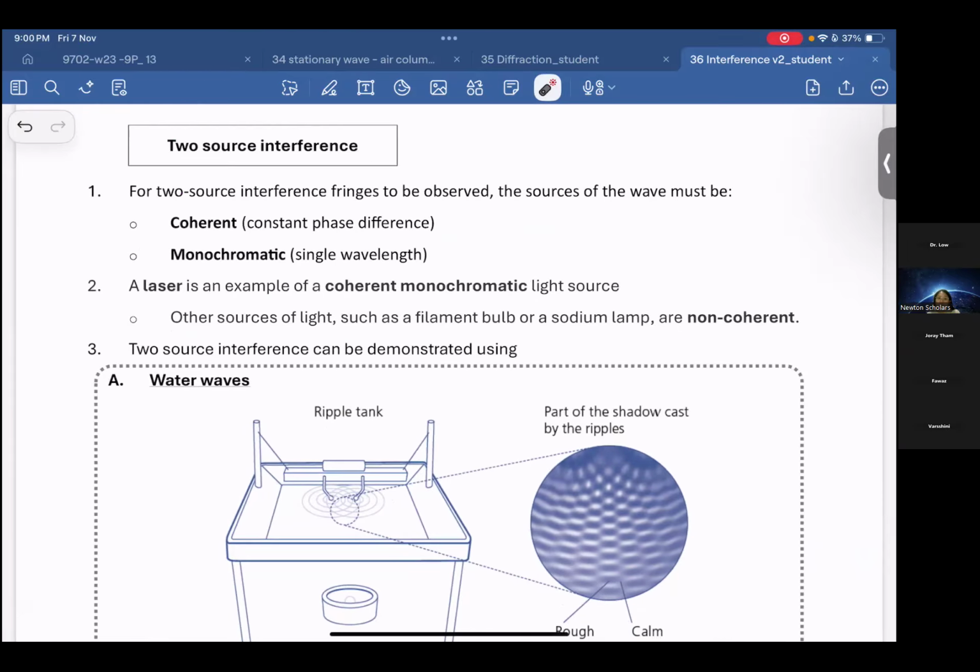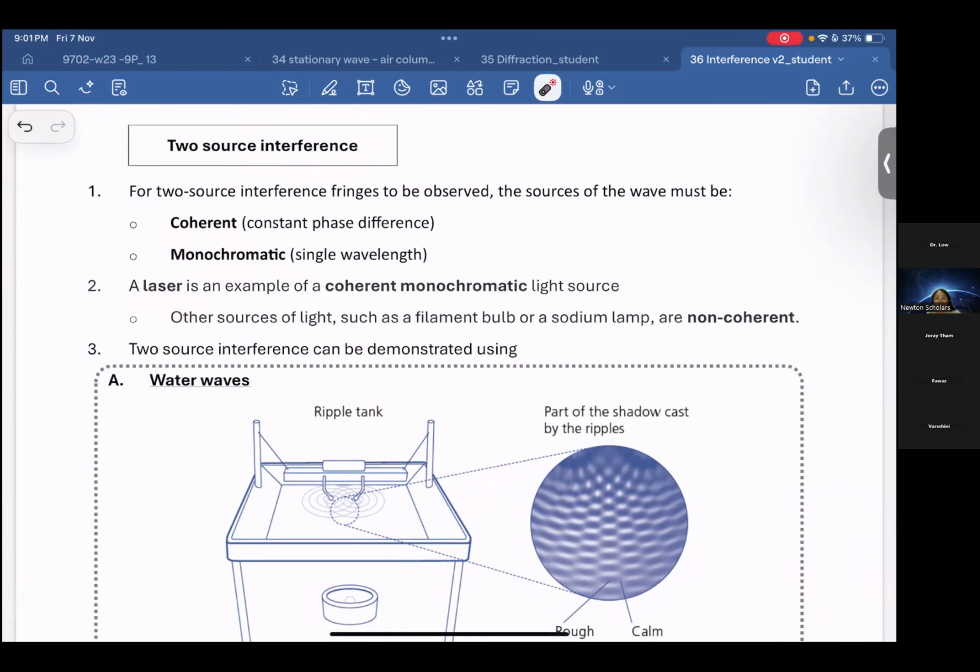Two source interference. Interference is when two waves overlap, so you must have two sources. The two sources must be coherent and monochromatic. If light is monochromatic, it has a single wavelength or single frequency. With a laser pointer, we found that it comes out with red or green or whatever color, only one single color.